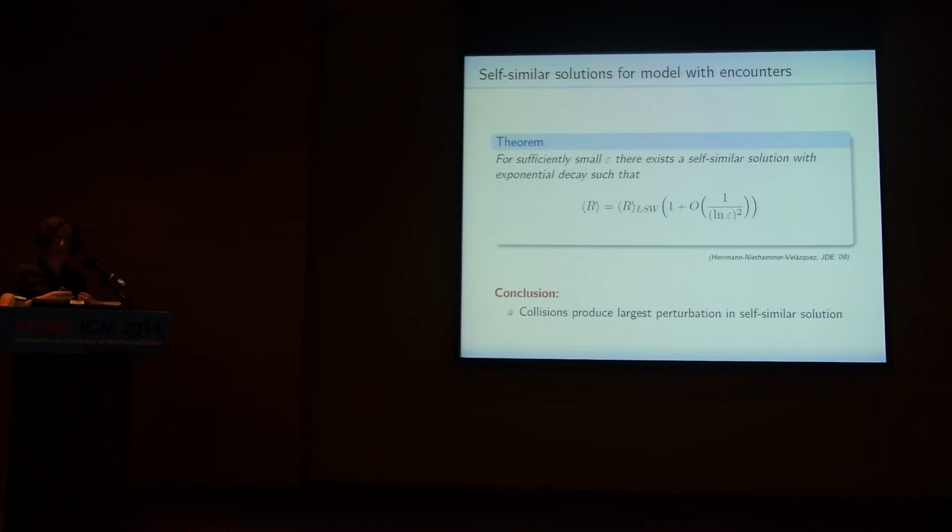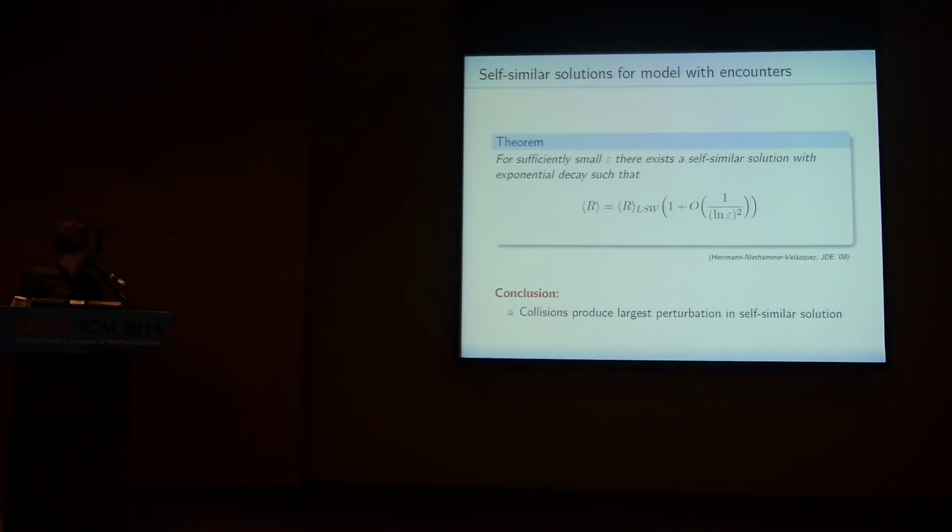Now, if you add the effect of fluctuations, then the trajectories of the largest particles are changed a bit, but there are only a few largest particles in the system, so the overall effect is not so dramatic. Here, with the encounters, it is completely different because two average-sized particles can collide and form a largest particle. So suddenly there is another large particle in the system, and there are many average-sized particles. This is the reason why there is such a much more dramatic effect in the correction to the coarsening rate.